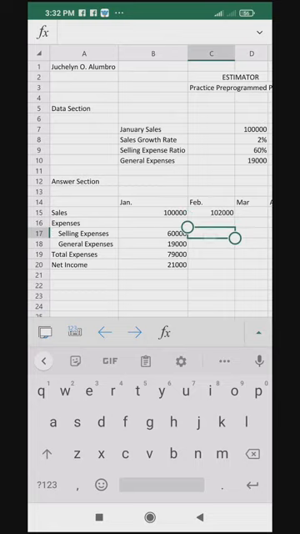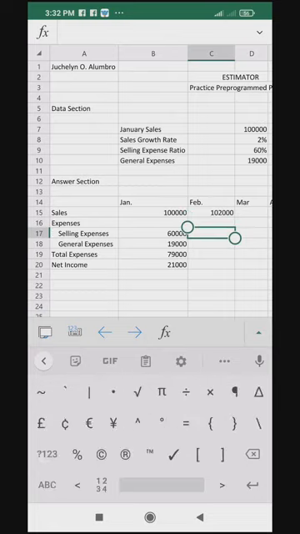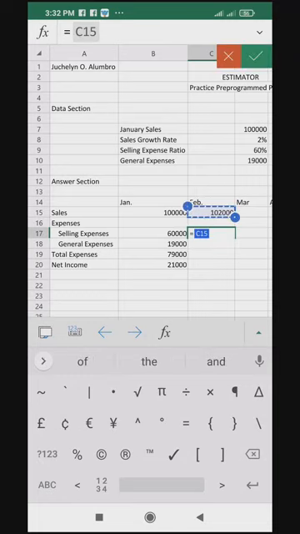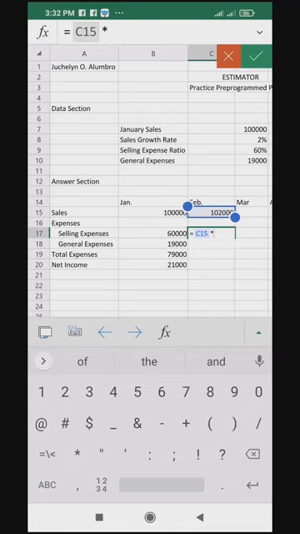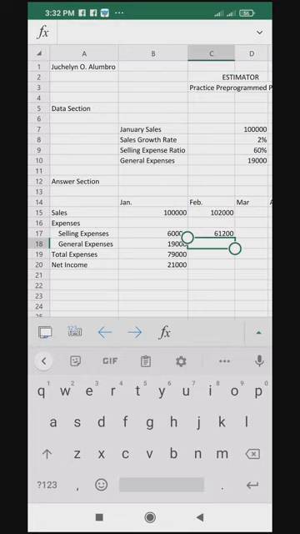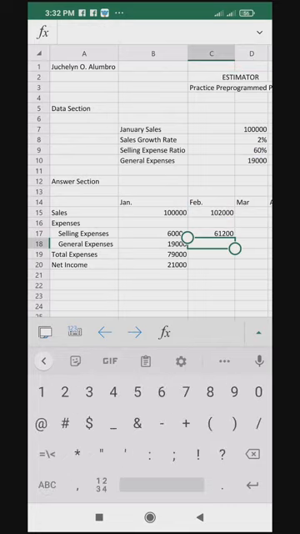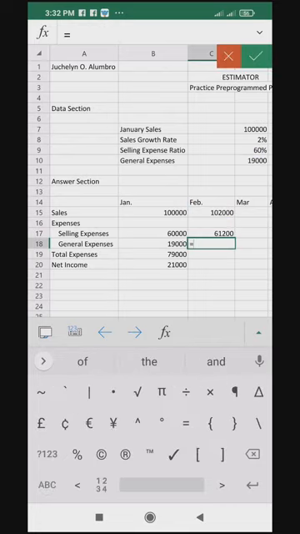And the selling expenses is equal to C15 times D9, equal to 61,200.